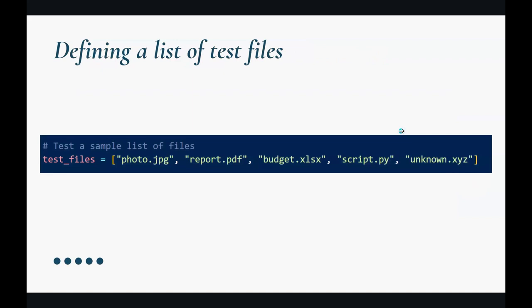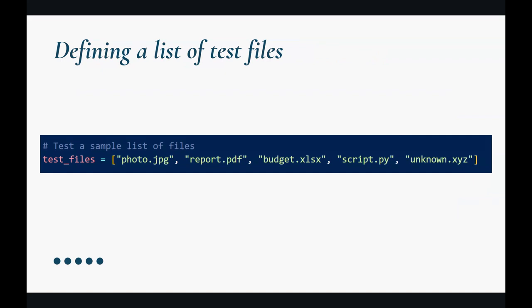We are going to first test this categorization on a list of test files. This is simulating a directory or folder, but instead of having to use the modules OS and shutil to access and create directories, we're just going to start by categorizing these items within a list.